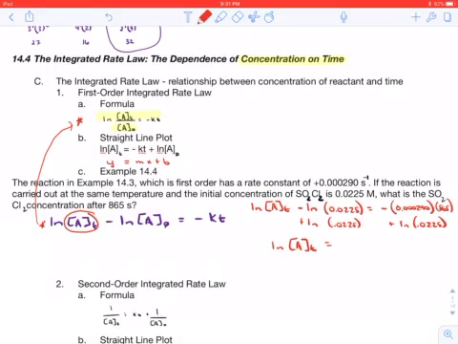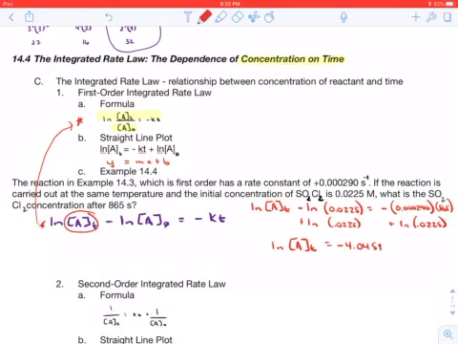So we're going to take negative 0.000290 times 865, and then add the natural log of 0.0225, which should give us negative 4.045. We're going to keep one more digit after that, 0451. And now we just have to find the inverse of the natural log.